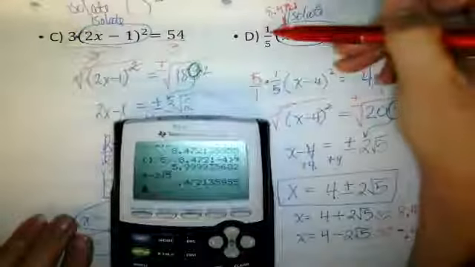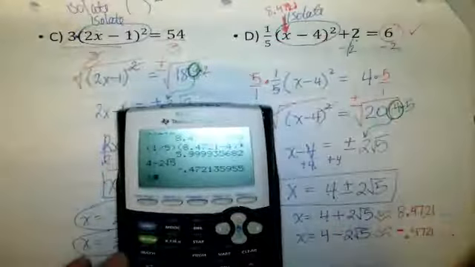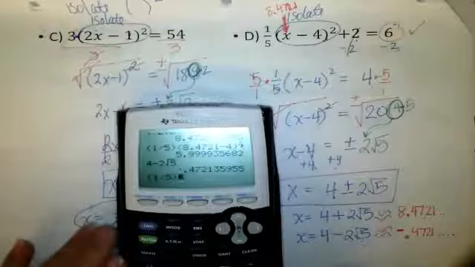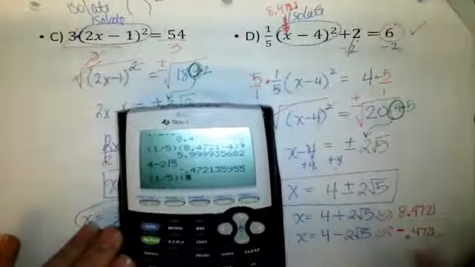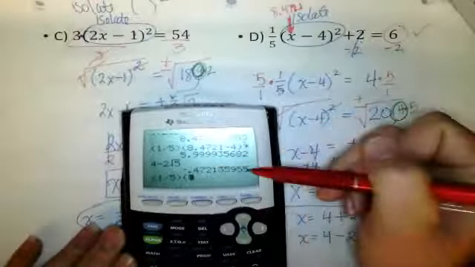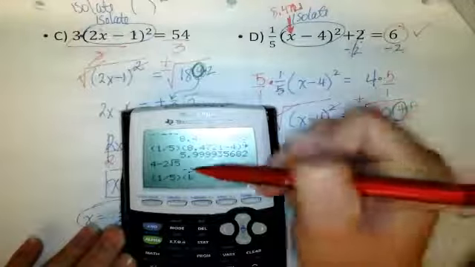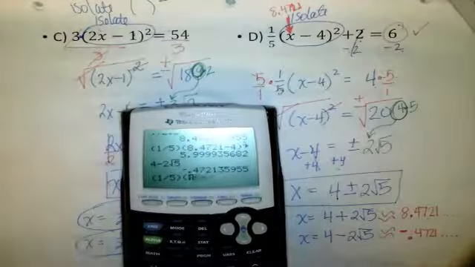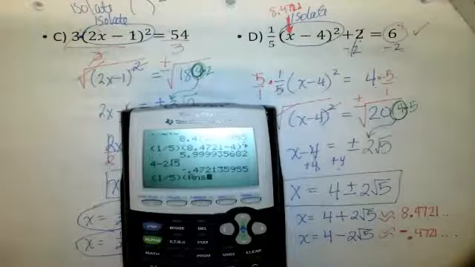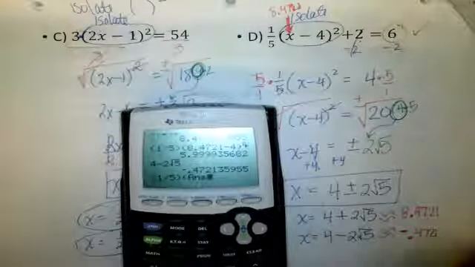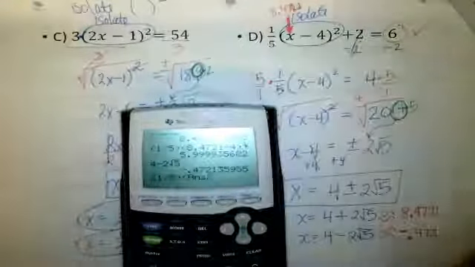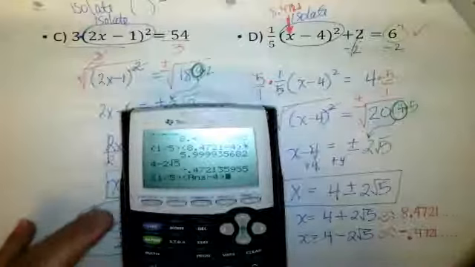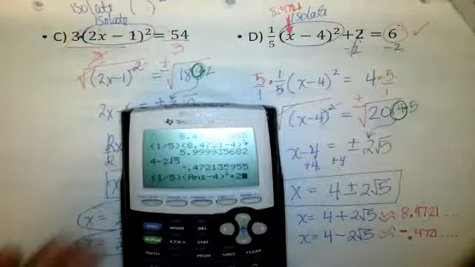So I'm going to go back up here to my original. I'm going to type in my 1/5, parentheses. Now, instead of rounding it off, I want to use this whole answer I calculated right here. So I'm going to do second answer. And that's going to use this exact answer, minus 4 squared plus 2.